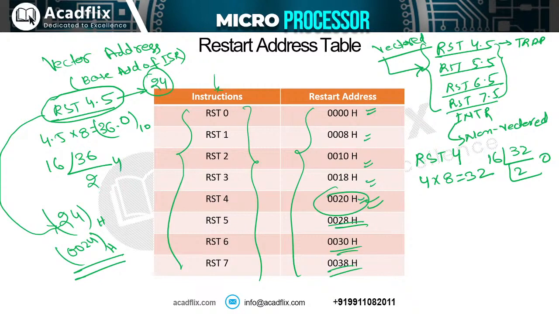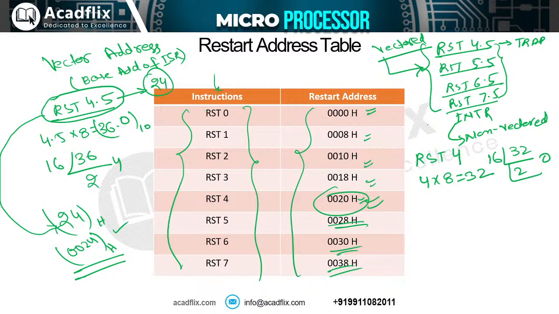In case of a non-vectored interrupt, we have to obtain the address from the input output device. Whatever input output device has interrupted the CPU will supply the vector address for that particular interrupt. That means the vector address is dynamically obtained. In case of a vectored interrupt, we have a static, fixed address in memory.